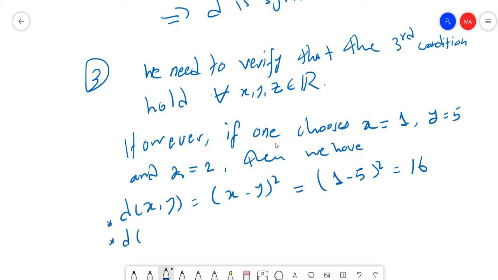The difference between x and z is x minus z squared, which is 1 minus 2 squared, and this is 1.